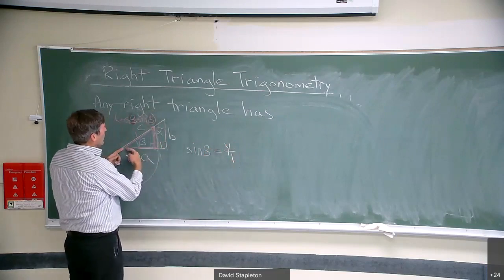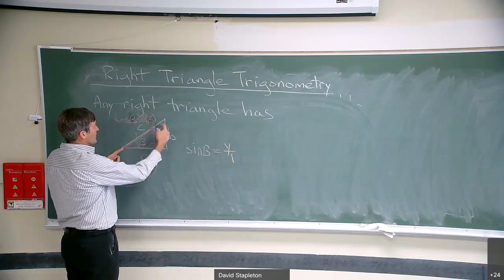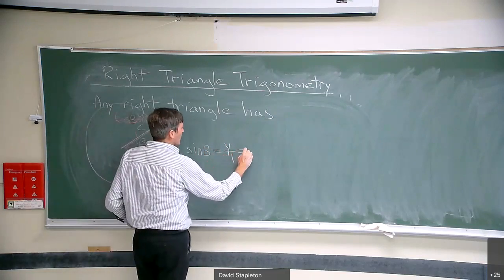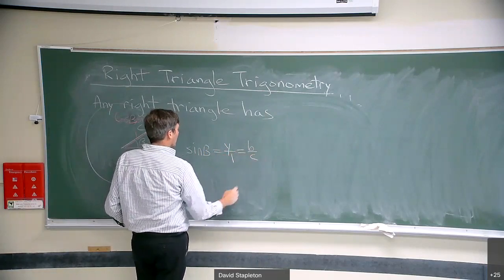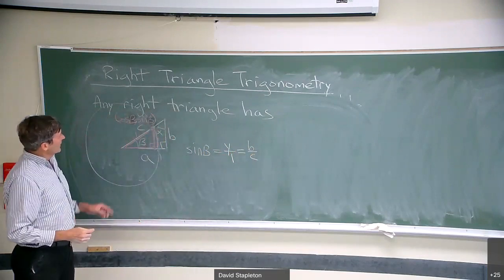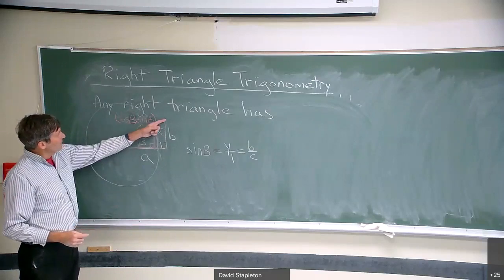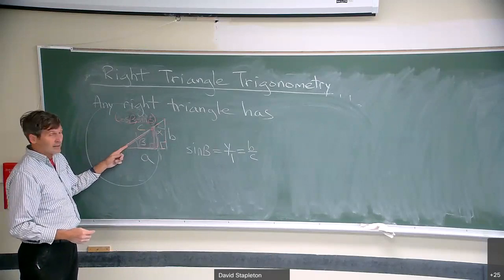But the y-coordinate over 1 is the same as b over c because they're similar triangles, right? What we've shown is that in any right triangle here, the sine of the angle beta is equal to the side b over the side c.